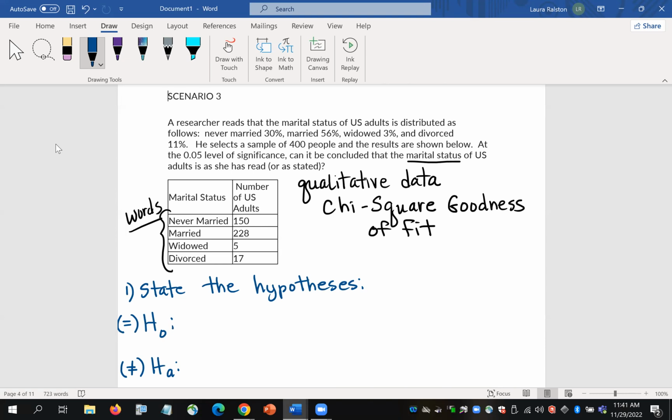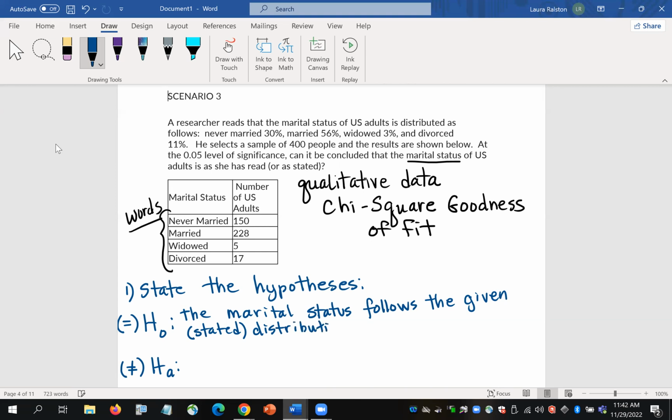The idea that it's equal would be that it fits or follows the distribution as stated. So we would say the marital status follows the given or the stated distribution.